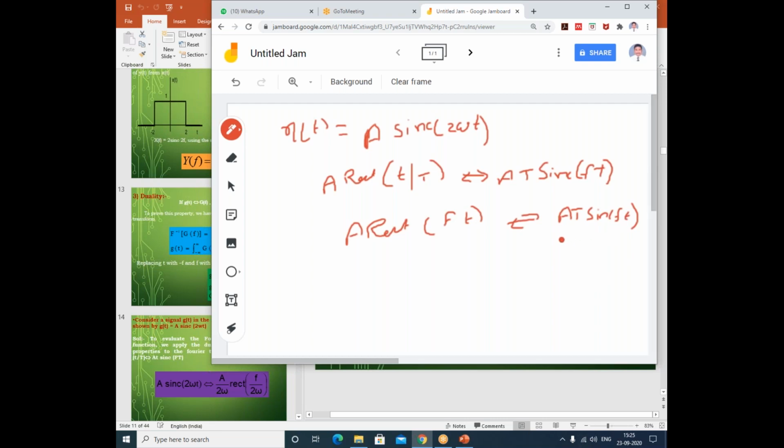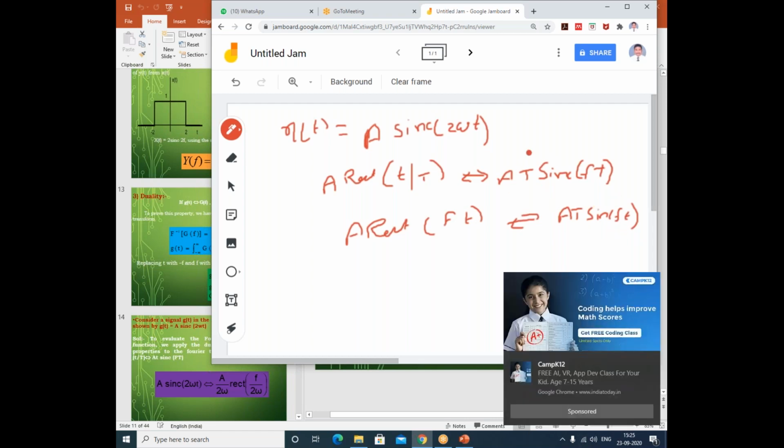When you write it like this, now you compare with your equation. Now in the place of f, I have 2 omega. This is the actual formula for us. Now you need to replace this.